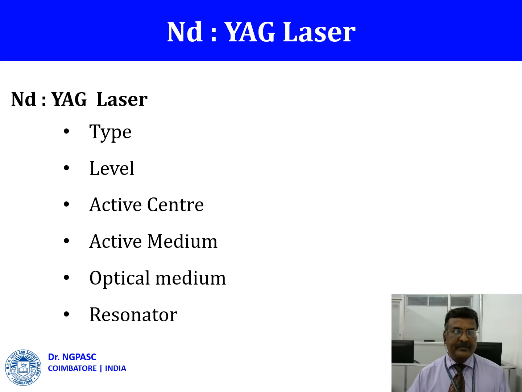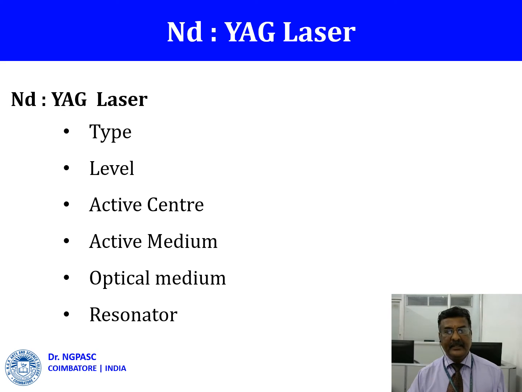Among these types, the ND-YAG laser is a solid state laser. In the solid state lasers, the ruby laser is a 3-level laser, and the ND-YAG laser is a 4-level laser. The transition takes place between 4 energy levels.